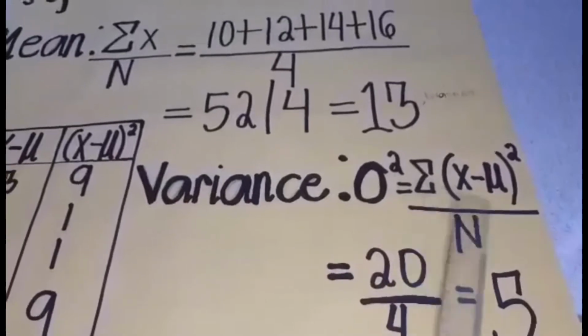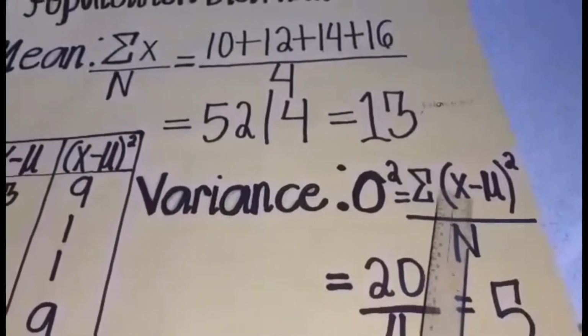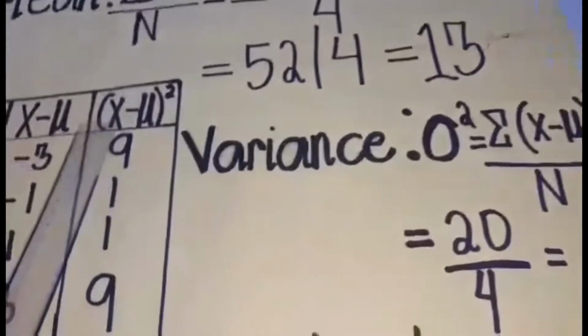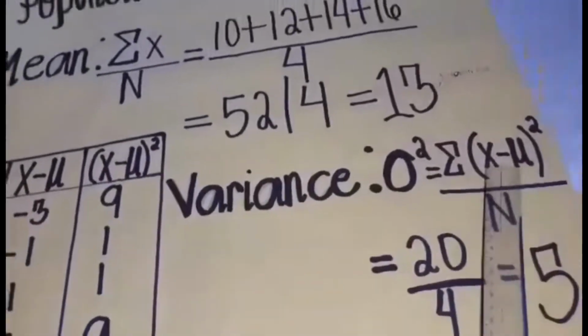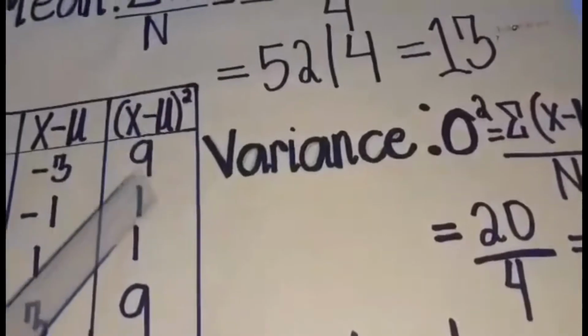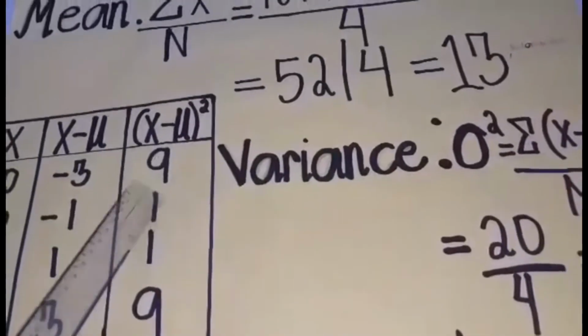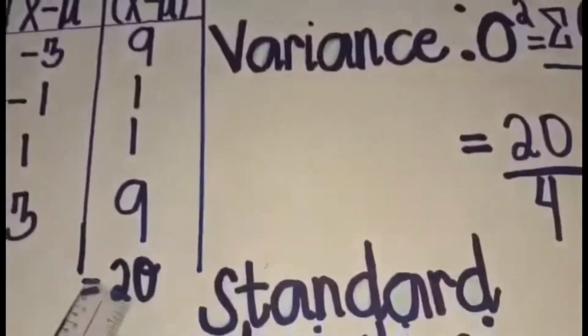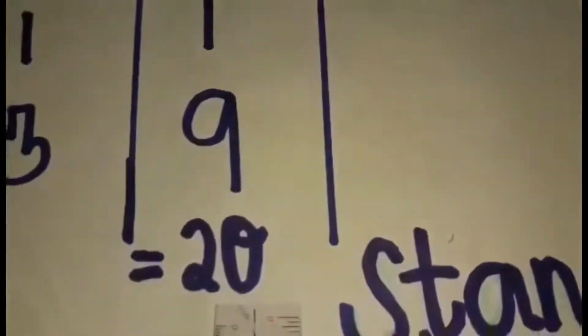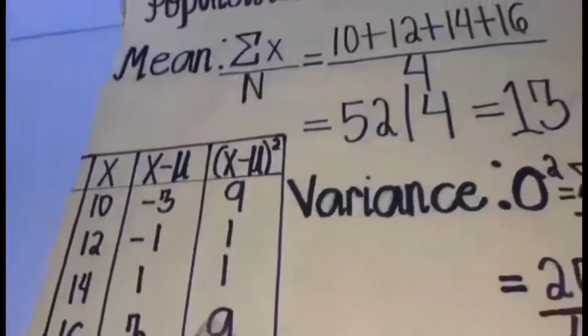Itong x minus mu squared, ito lang siya, itong nasa third column natin. So, to get this, of course, we need to add these. So, 9 plus 1 plus 1 plus 9 is equal to 20. So, inadd lang natin siya.